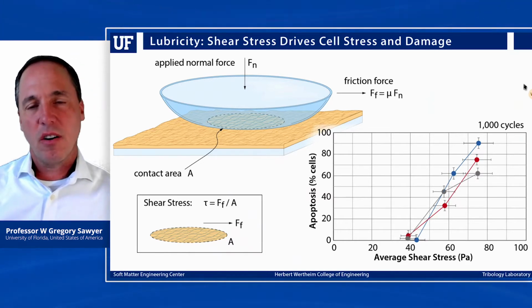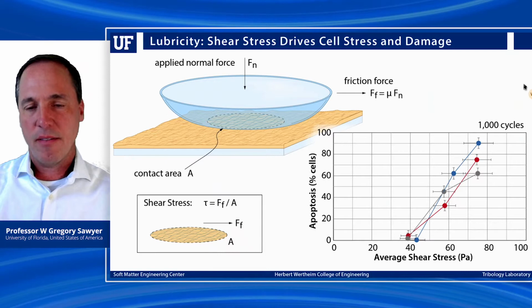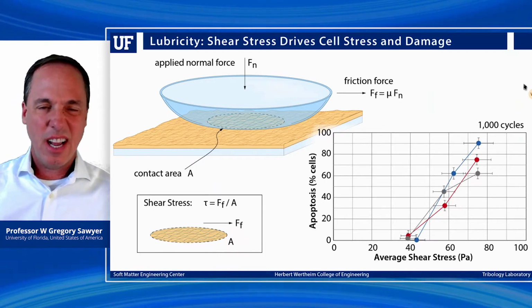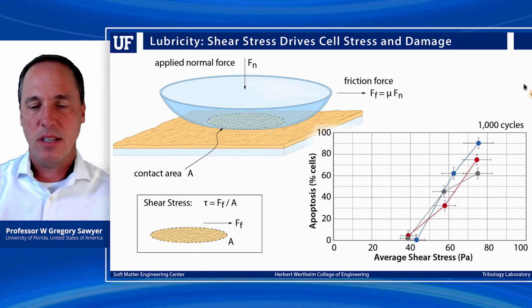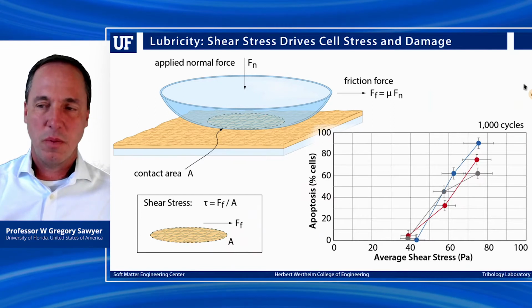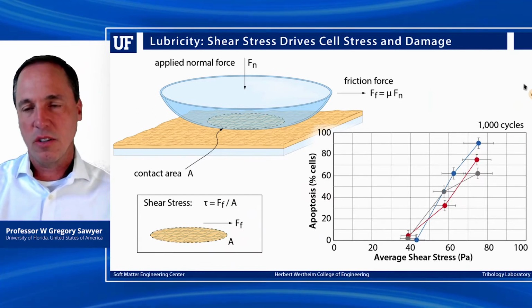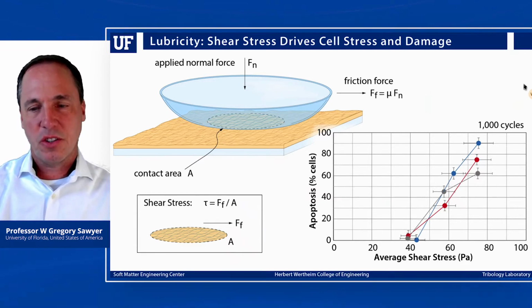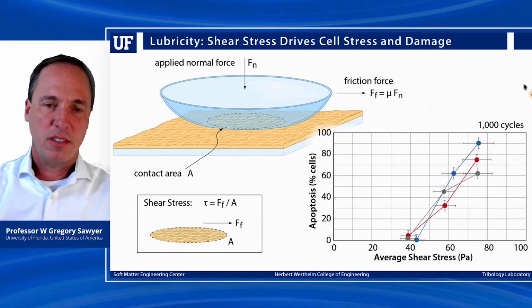And as we look here on the right in the bottom part of the graph, apoptosis is a measure of cell stress, cell damage. It's a natural cell death process. And if we look at the x-axis where we have average shear stress in triplicates over 1,000 cycles, what we've done is we've caused controlled shear stress sliding back and forth across these cell models.